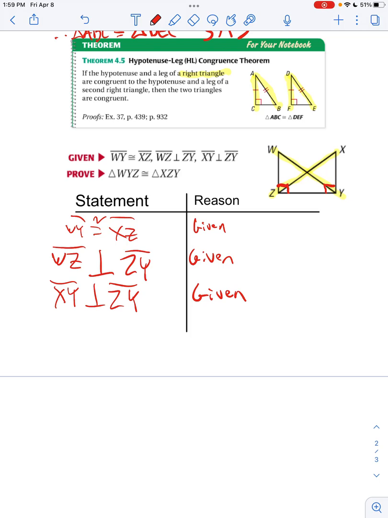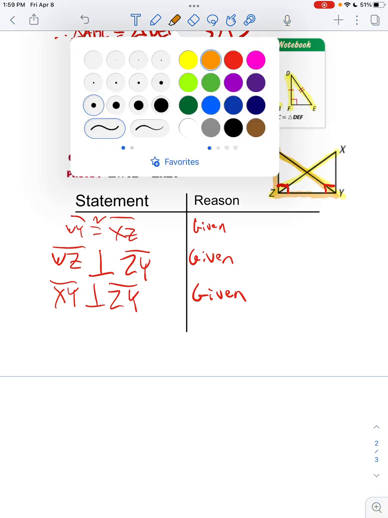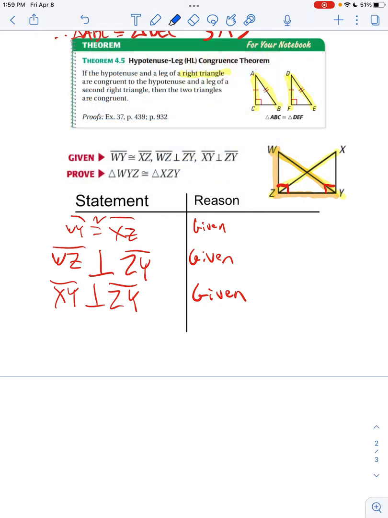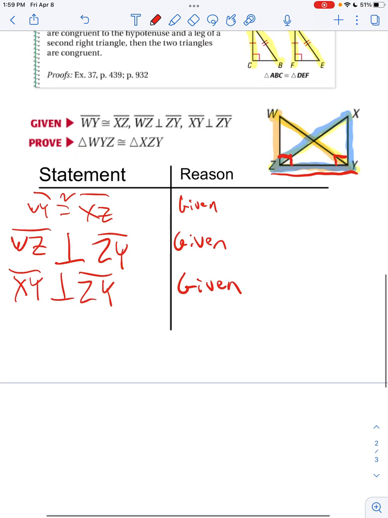So I've got 90 degrees and I do have my hypotenuse. Now I just have to figure out, can I prove one of the legs is congruent? Remember, I'm trying to prove WYZ is congruent to XZY. Notice I highlighted one part twice, ZY. So we have a shared side in our triangle.